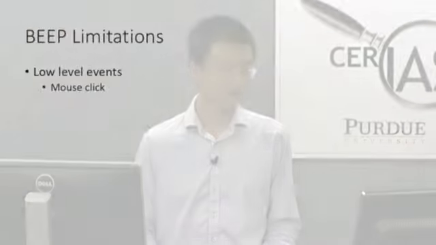Actually, we have been using BIP for a long time. It works pretty well to solve the dependency explosion problem, but it has many limitations. First of all, it has many low-level events. GUI programs, mouse clicks and keyboard strokes are external events.